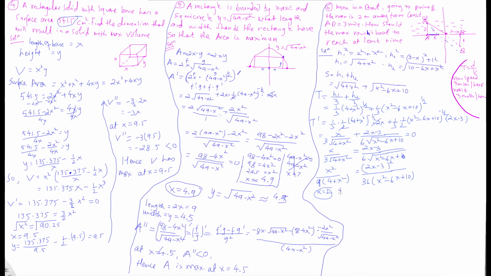So you get 4 over 72 on the left, and on the right side you get 2 times 2, 4, minus 3 is 1, squared is 1, over 36 times, so 2 squared is 4, minus 12, which is negative 8, plus 10 is 2. 36 times 2. So basically it is 2, right? So what do I get?